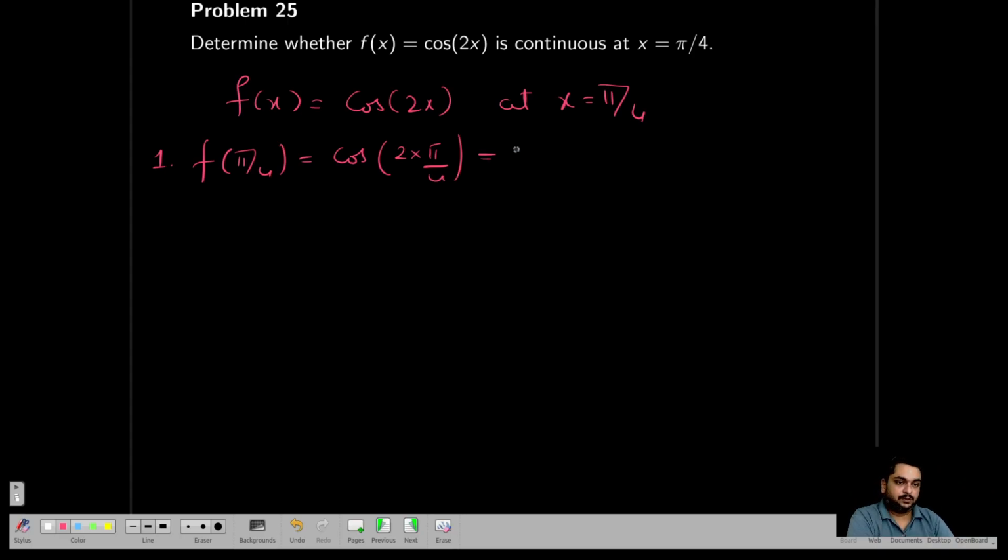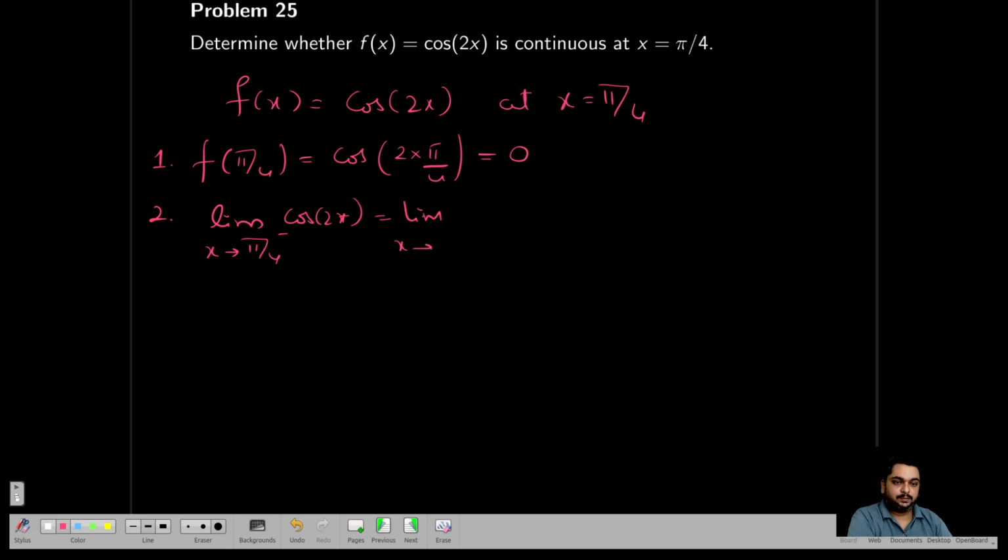This is cos of pi by 2, that is 0. Second one. What is the second step? Left hand and right hand limit should be equal. Limit of x approaches pi by 4 minus of cos of 2x. So they are equal, right?